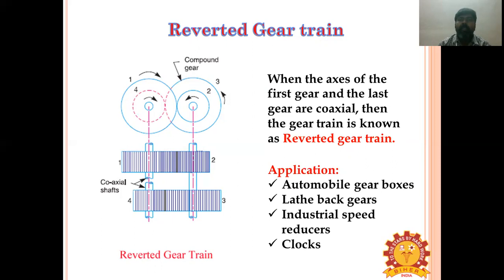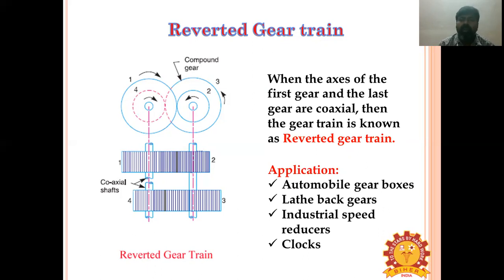Here gear 1 drives gear 2 in the opposite direction. Since gears 2 and 3 are mounted on the same shaft, gear 3 will rotate in the same direction as gear 2, so that gear 3 drives gear 4 in the same direction as that of gear 1.